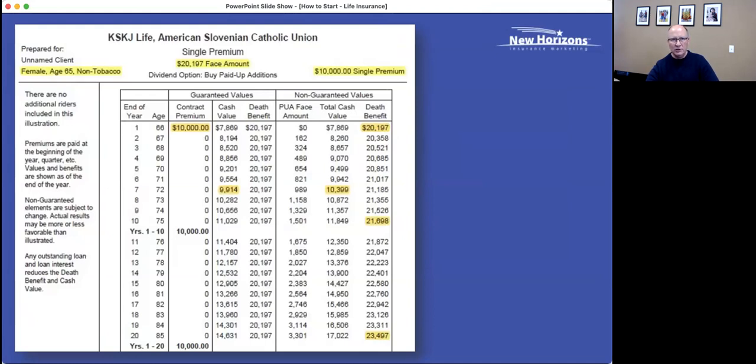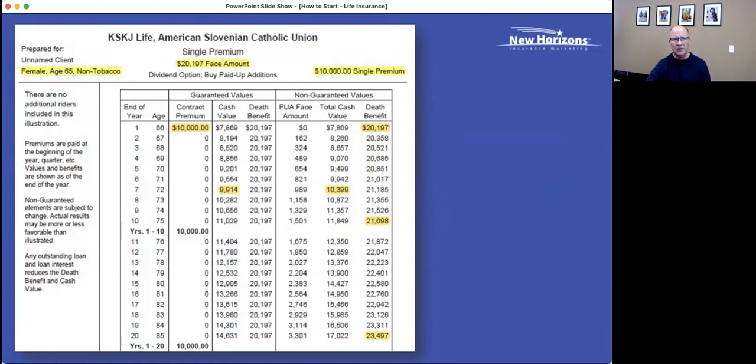And I will tell you, with this little carrier, that non-guaranteed side is always done exactly as it's illustrated. We do ULs, as some of you on this call have, that have a guaranteed side and a non-guaranteed side. Those are a little bit more volatile. I can tell you this little company, we've been with them a long time. The non-guaranteed side is always how it's paid out.